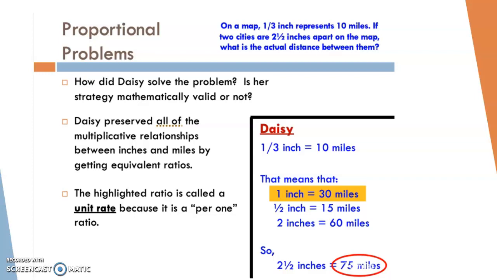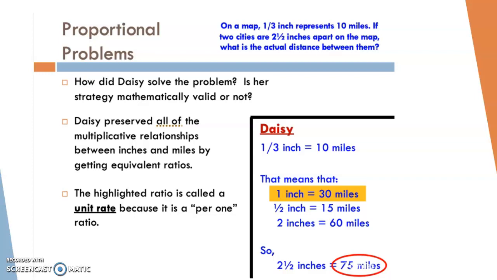Okay, so Daisy preserved all of the multiplicative relationships between inches and miles by getting equivalent ratios. The highlighted ratio is called a unit ratio because it is the per 1 ratio. So Daisy said 1/3 inch equals 10 miles.